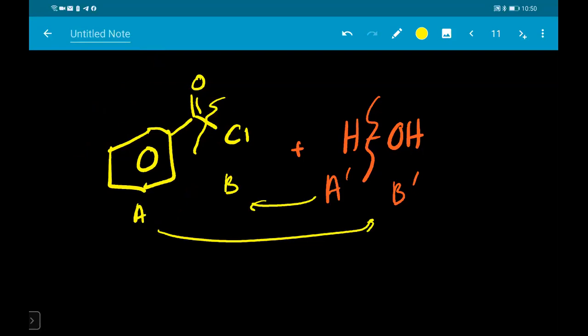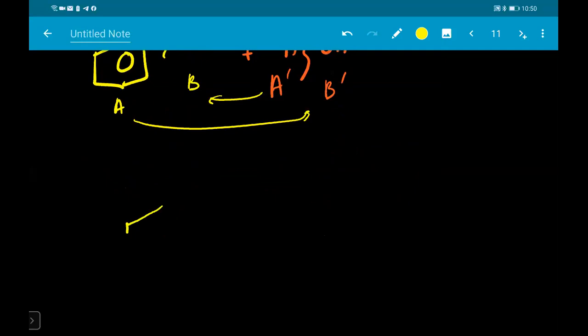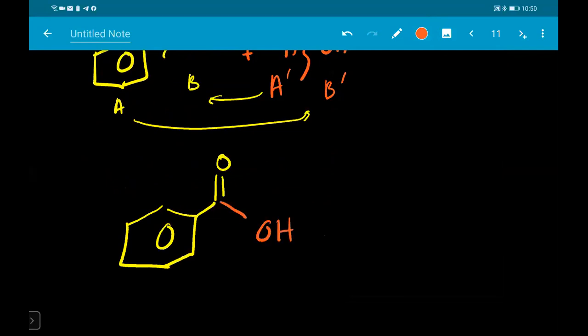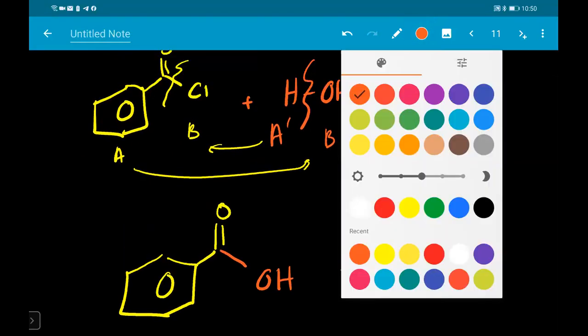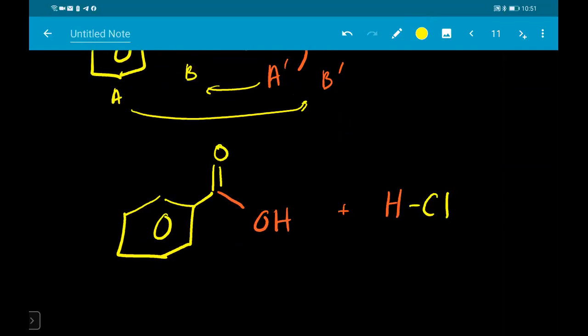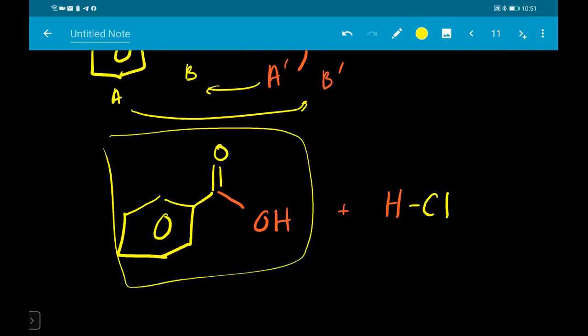If we switch the partner, what we're going to have is the benzene and also this C double bond O, because this is the A part, which was cut off earlier. So here we get benzene attached to the B prime, which is the OH, plus A prime, which is H, combining with the Cl. Alright, what compound do we get here? Give its name.